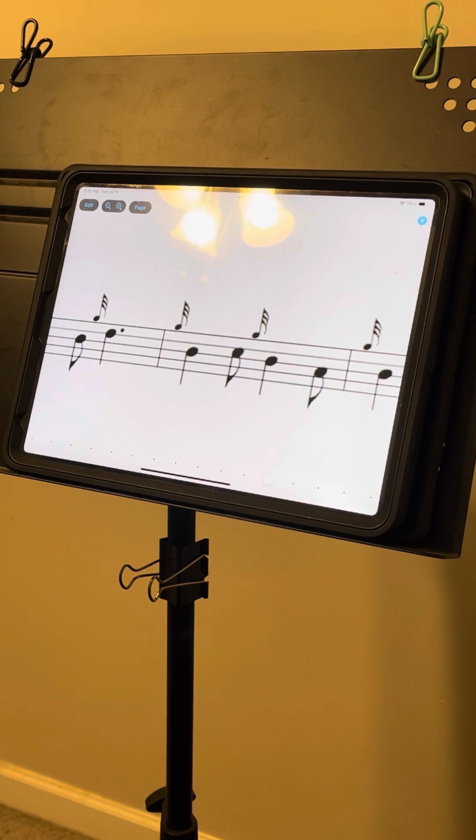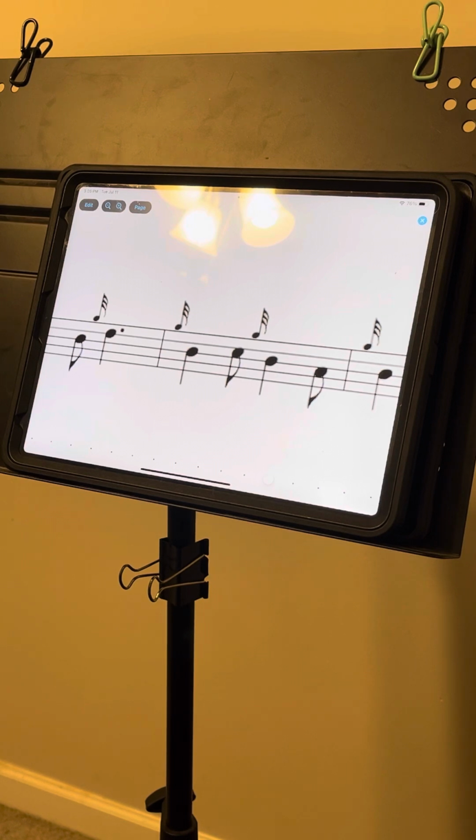So when it came to following along in the method book, when I was playing with my peers, what I found was that I would zoom out and make it smaller so that I could see more of it.